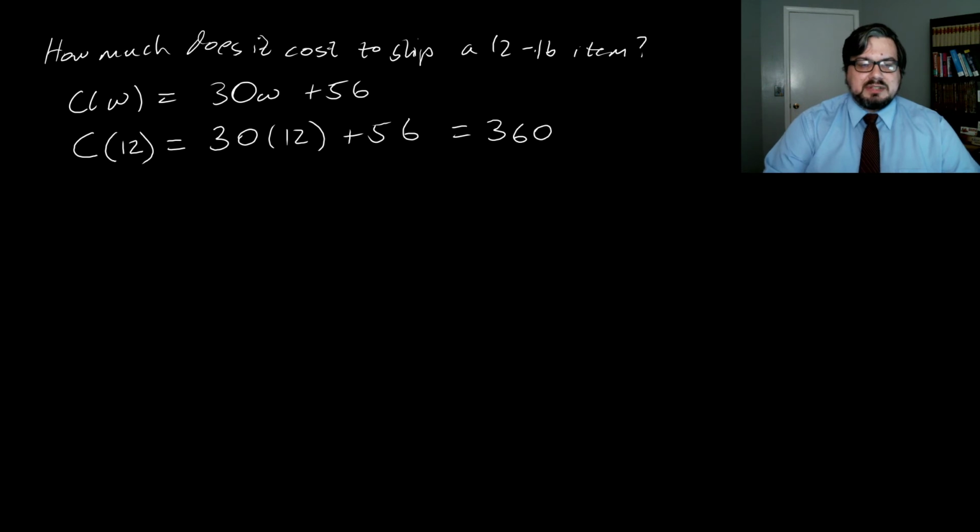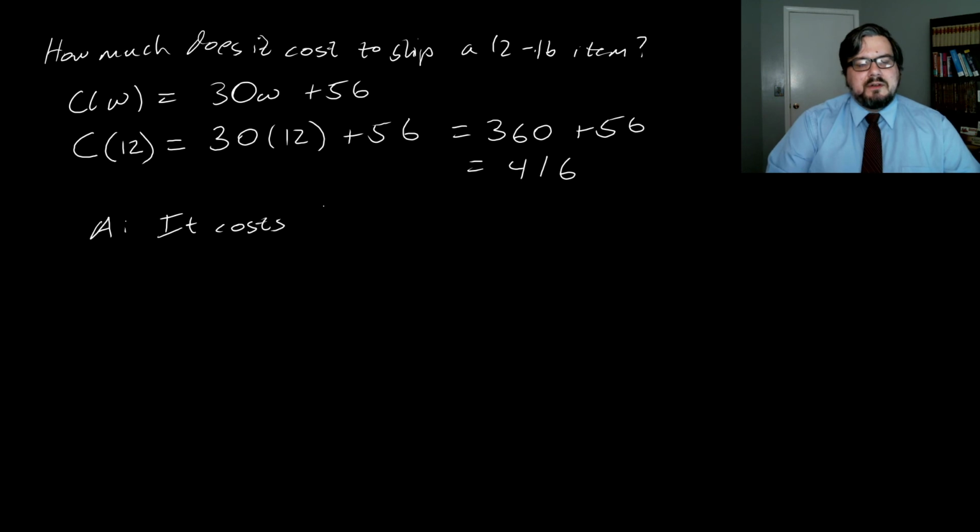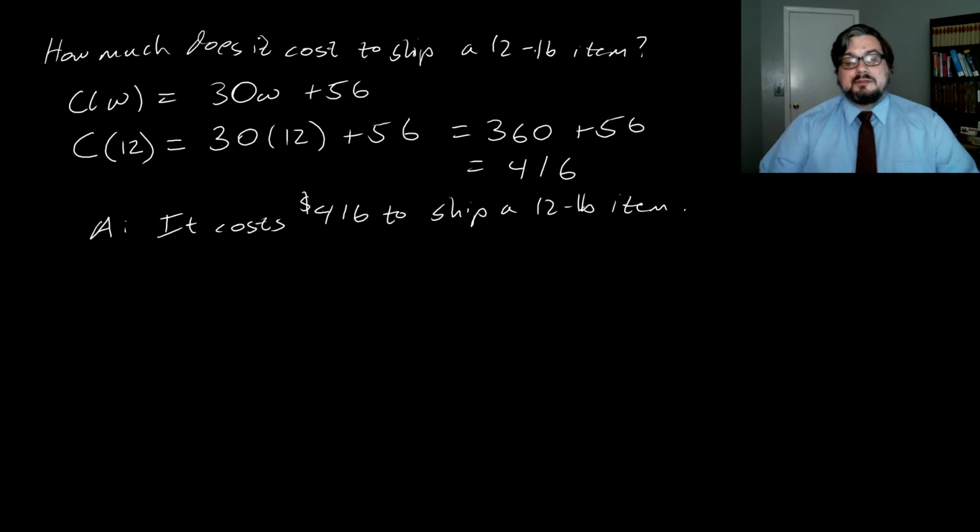This is 360 plus 56, so 416. So the answer is that it costs $416 to ship a 12-pound item. And that finishes up the problem.